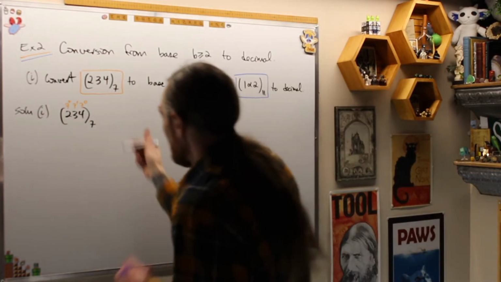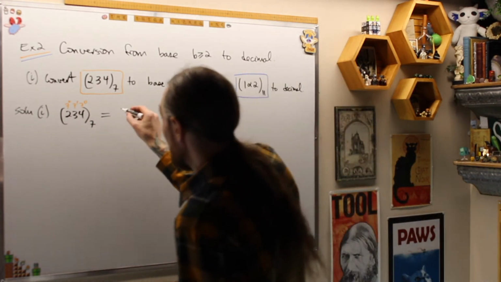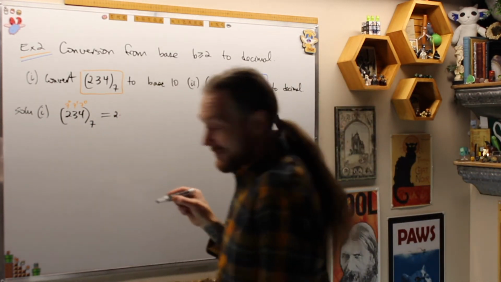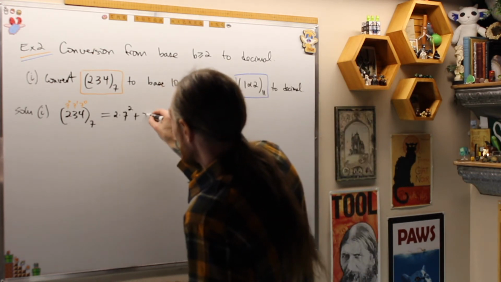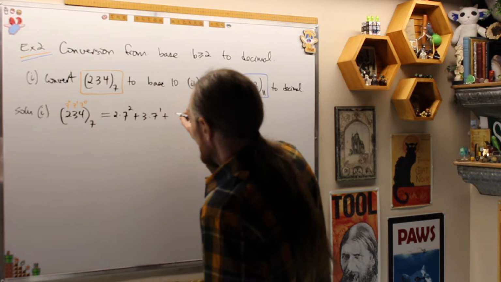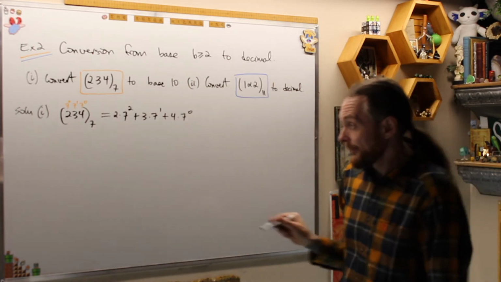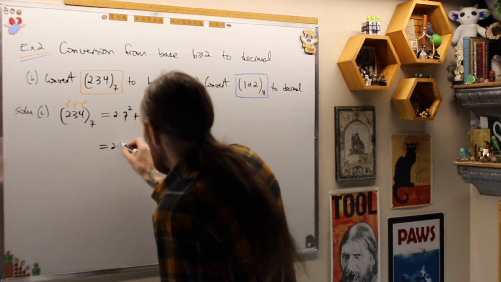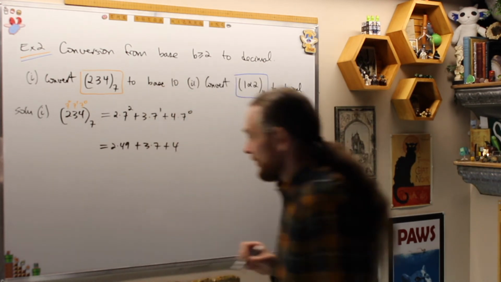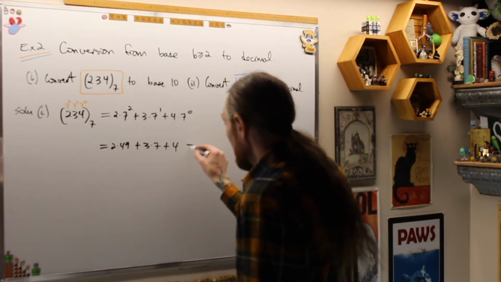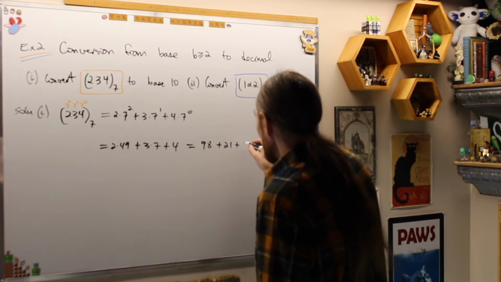Therefore, by definition, this string of symbols in base 7 is equal to 2 times 7 squared plus 3 times 7 to the 1 plus 4 times 7 to the power 0. So this is going to be 2 times 49 plus 3 times 7 plus 4, which is equal to 98 plus 21 plus 4.